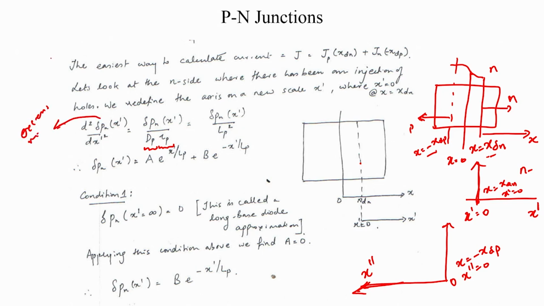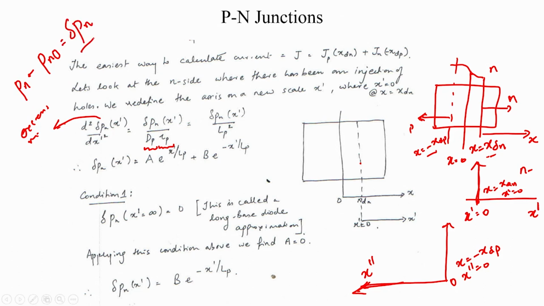In some sense, what does that mean? It means that, let us say Pn represents the number of holes on the n side per unit volume, Pno is the equilibrium number of holes on the n side per unit volume. Now we have shifted this device out of equilibrium and we now have Pn minus Pno, which is the excess minority carriers per unit volume on the n side, being your delta Pn.